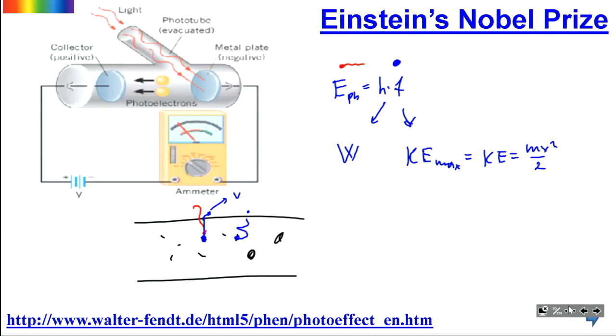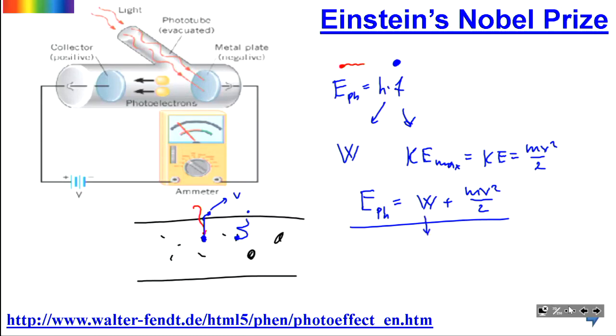A photoelectron is the one which doesn't remain inside, which is brought outside. And of course, the law of conservation of energy says that if we add the amount of energy used to bring the electron outside, plus kinetic energy, we should get the original amount of energy provided by a photon. That's the law of the photoelectric effect.